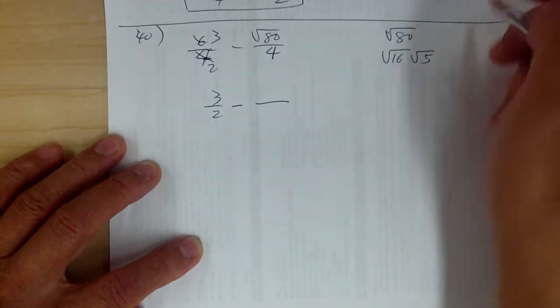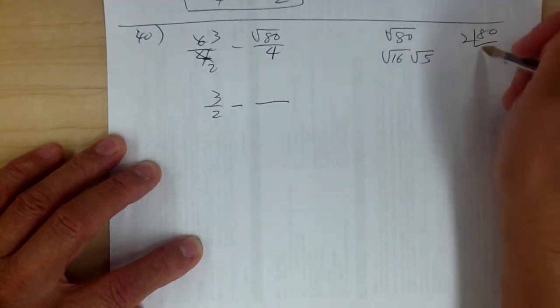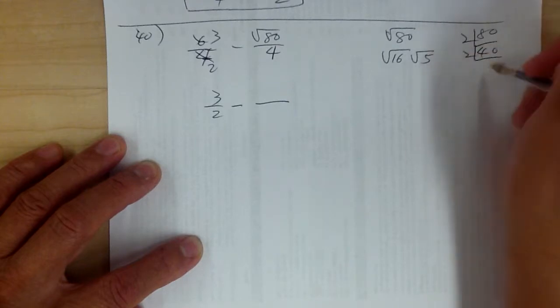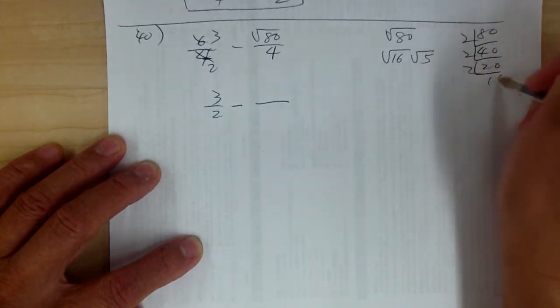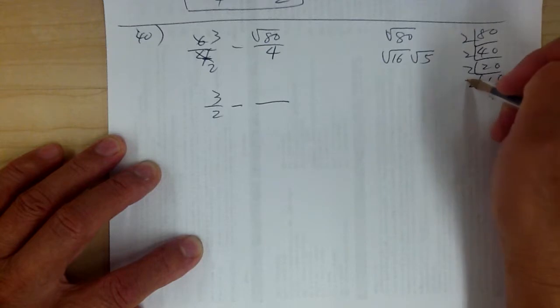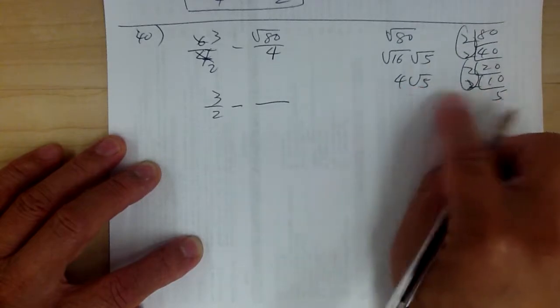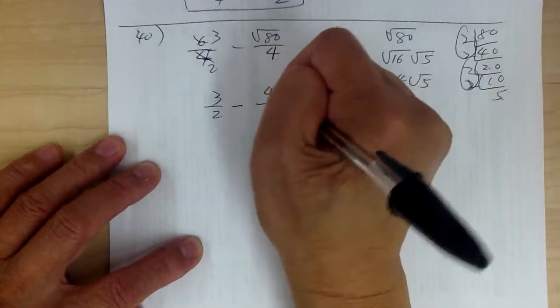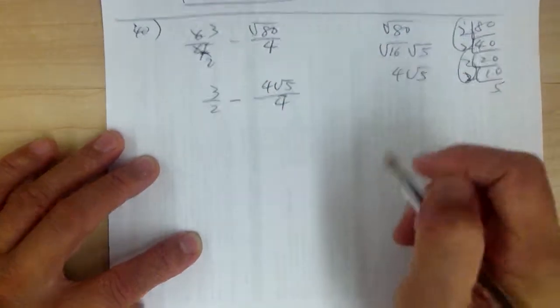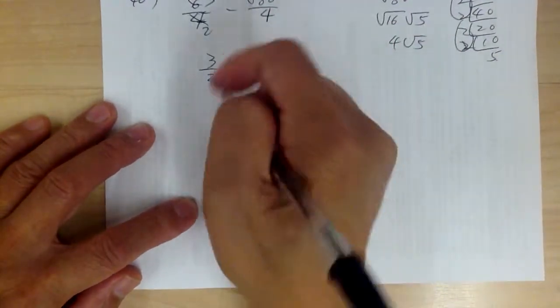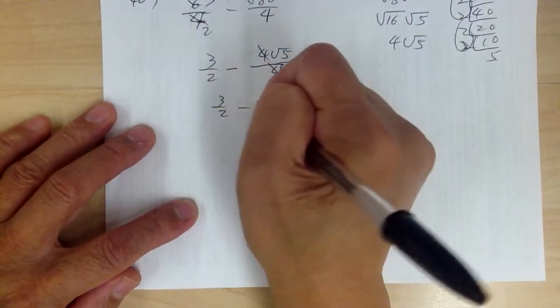Or you can do this. Either way, you can use either method, whichever is easier. So this comes out to be 4 square root of 5, or you can do it from here, right? So either method, you're going to get 4 square root of 5. Okay, and then the 4 and 4 cancel out, so your answer would be 3 over 2 minus square root of 5.